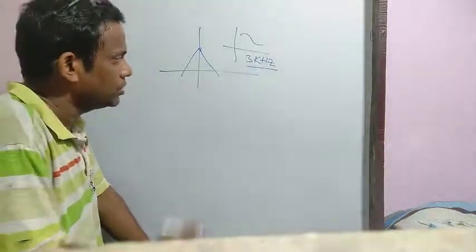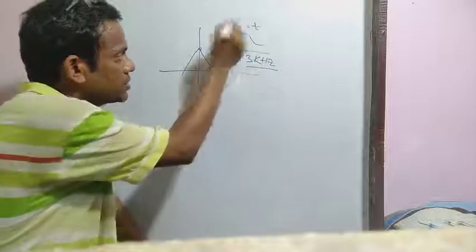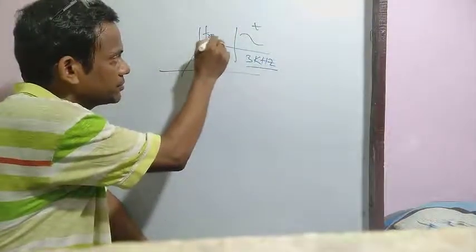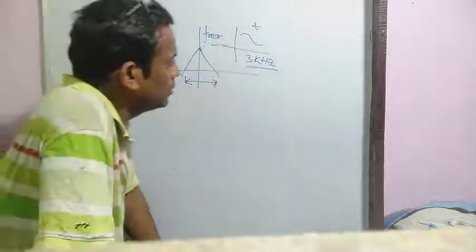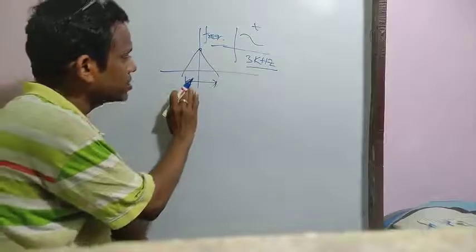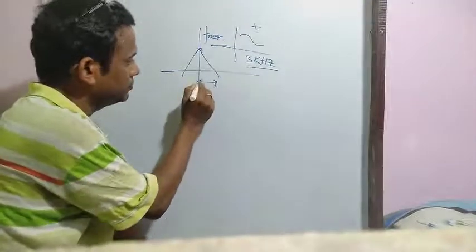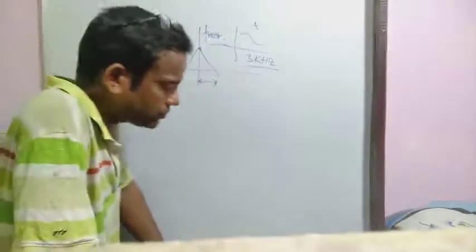So what you do, you multiply this signal. This is the time domain representation, this is the frequency domain representation. This is the bandwidth of the signal. No, this is not the total bandwidth. As it is a low pass signal, the bandwidth is here. Okay, it's the total duration.